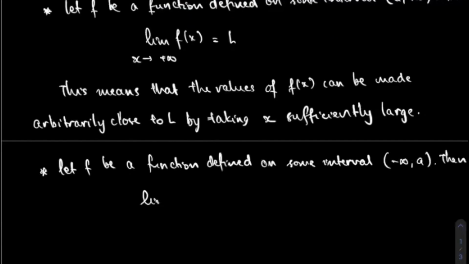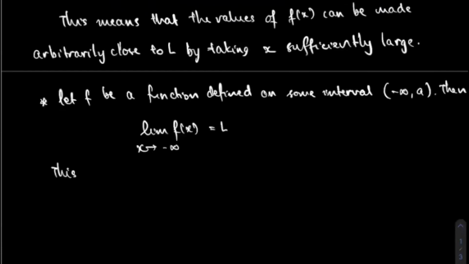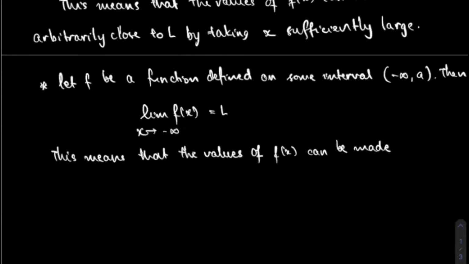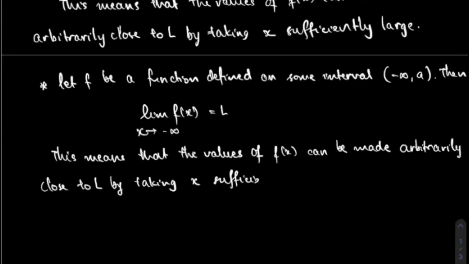Then the limit of f of x as x approaches negative infinity equal to L means that the values of f of x can be made arbitrarily close to L by taking x sufficiently small.